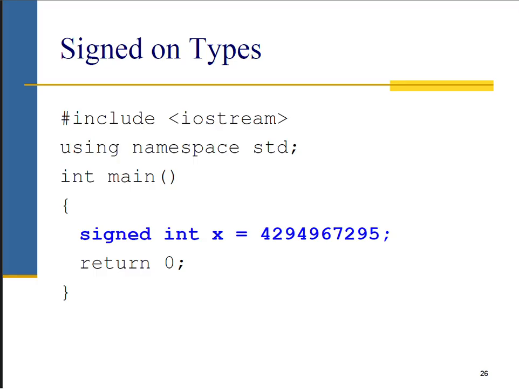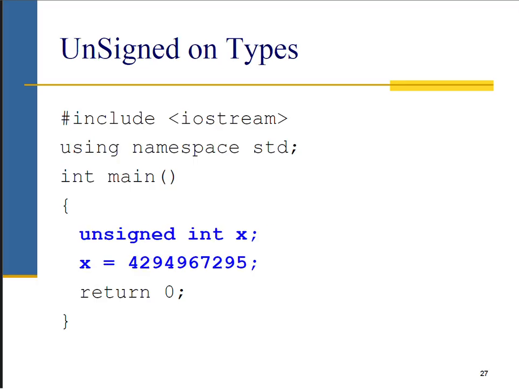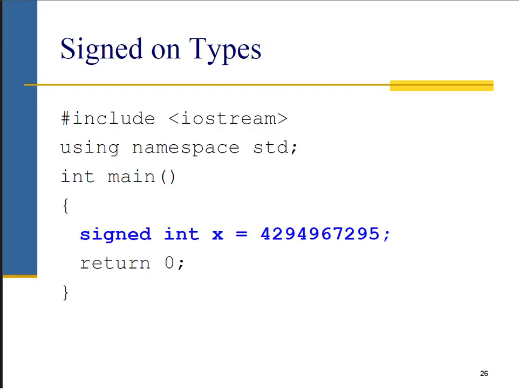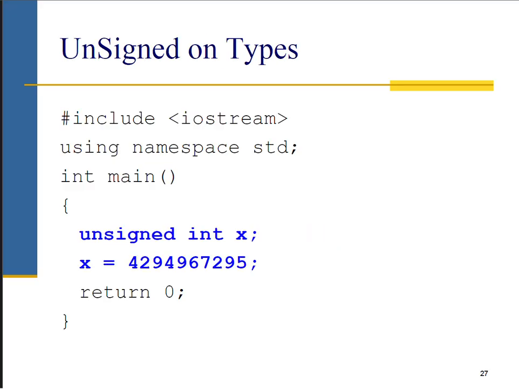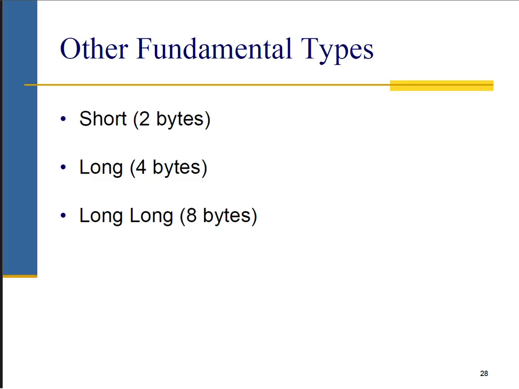So this is a simple example. This is an example of a signed, and this is an example of unsigned. Other fundamental types are short 2 bytes, long 4 bytes, and then long long 8 bytes.